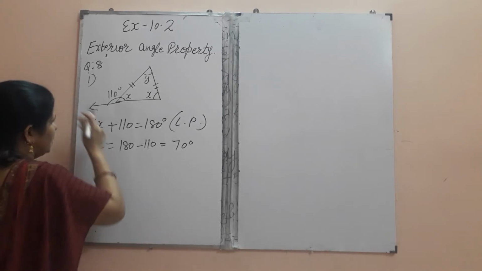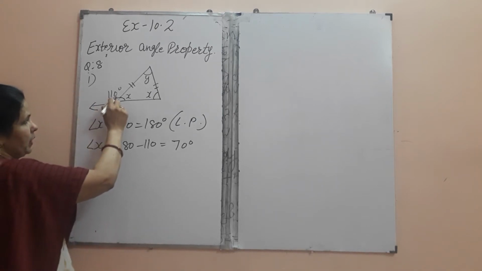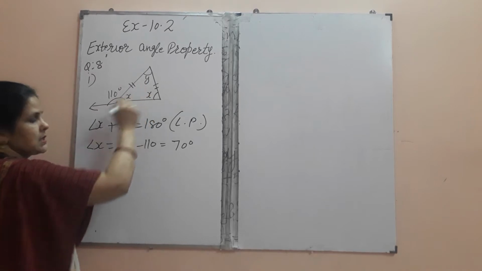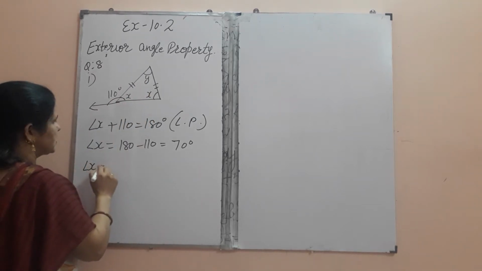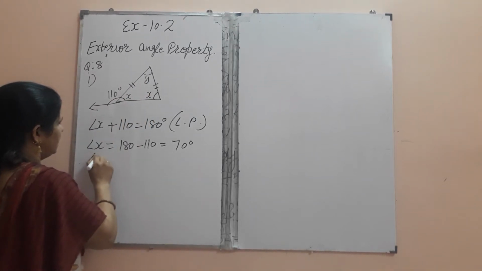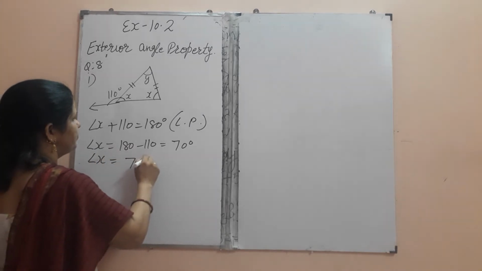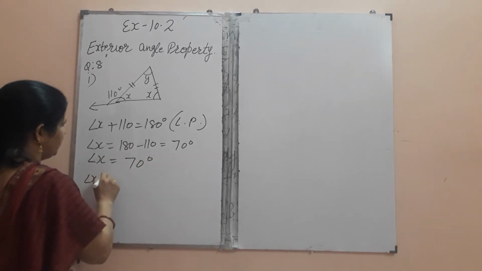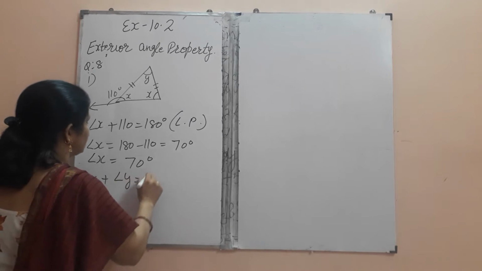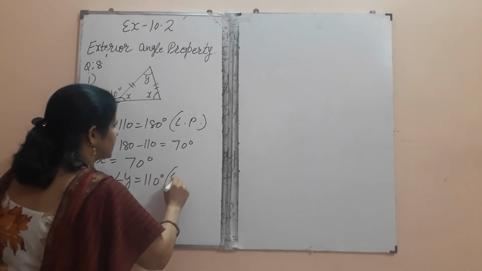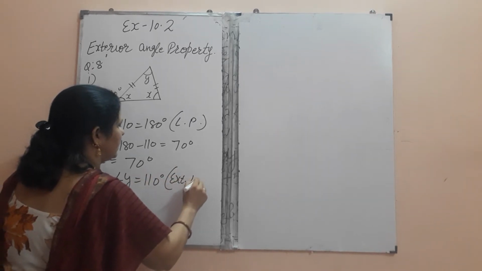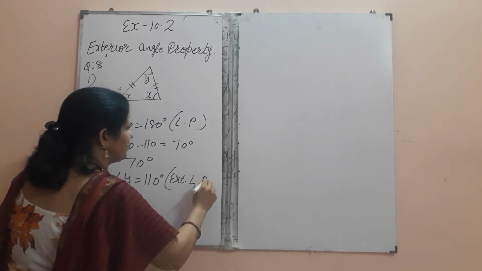No? So now we will use the exterior angle property. This is equal to this plus this. So angle x equals 70°. So angle x plus angle y equals 110°, by the exterior angle property.